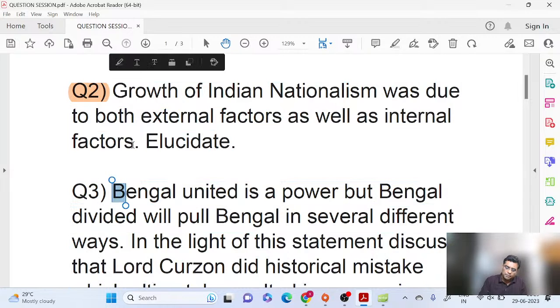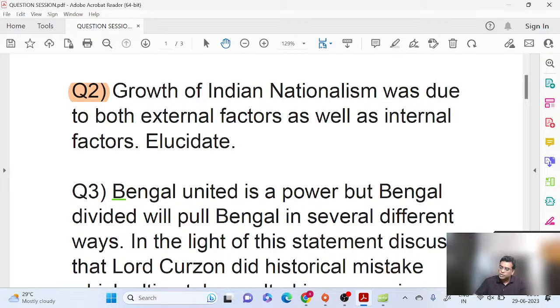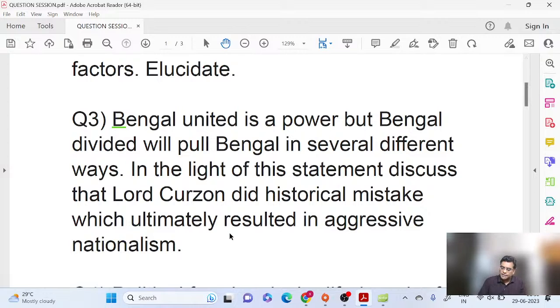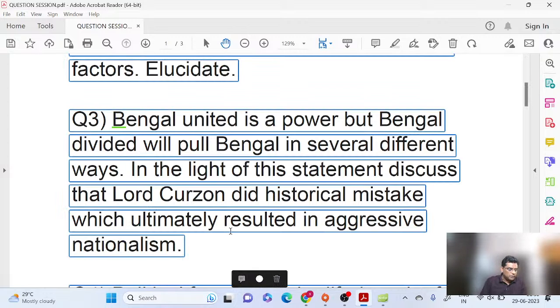Bengal united is a power. Bengal divided will pull Bengal in several different ways. In the light of this statement, discuss that Lord Curzon made a historical mistake which ultimately resulted in aggressive nationalism.